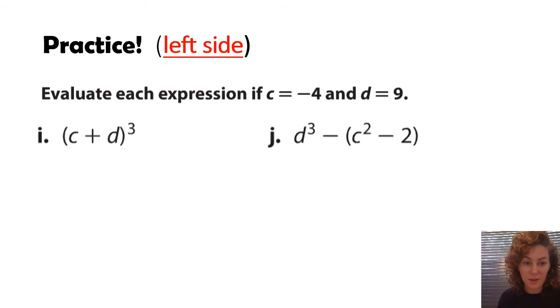Okay, for this slide, I want you to go ahead and pause the video and try these on your own, and then you'll unpause the video and check your answers. Hi again. Now that you've unpaused the video, I'm going to go over the answers. Okay, so c equals negative 4. I'm going to replace c with negative 4.